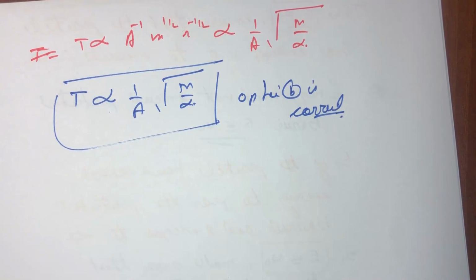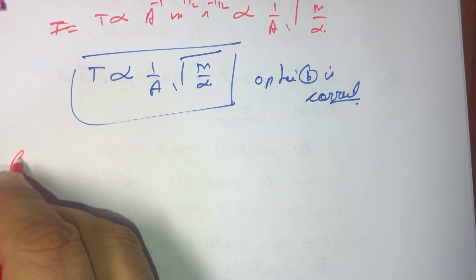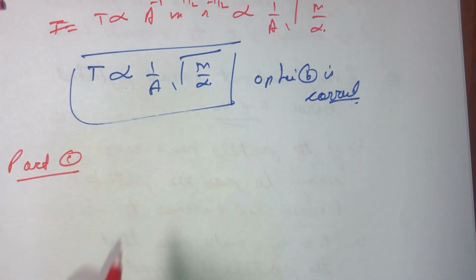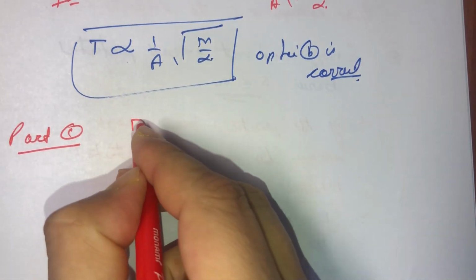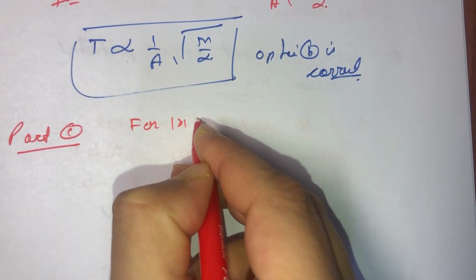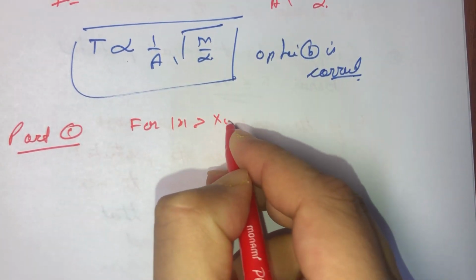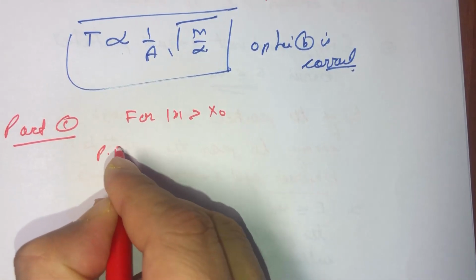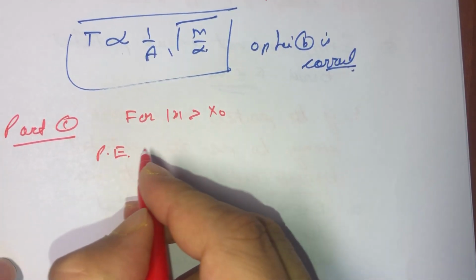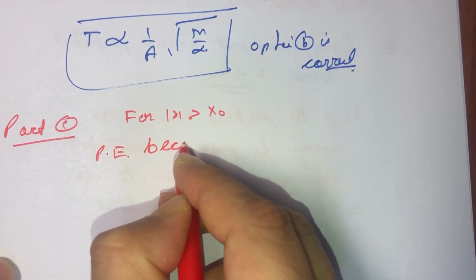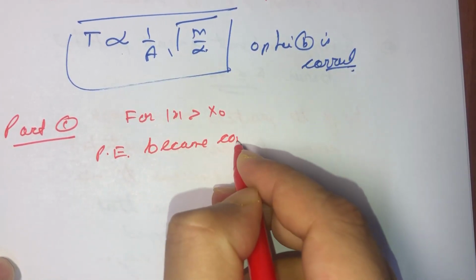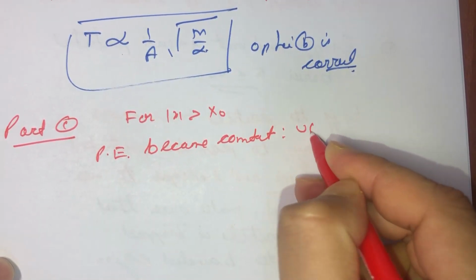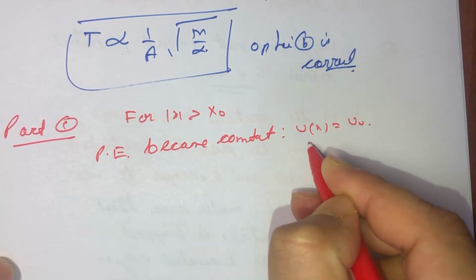So part C. We have to find out for x greater than x naught, and for this condition the potential energy becomes constant, which gives us that V of x is equal to V naught.